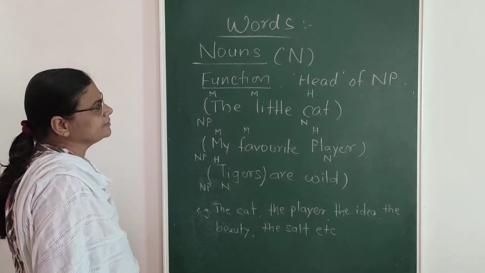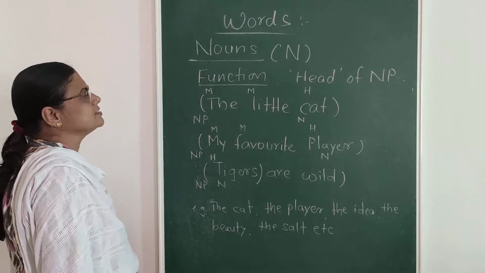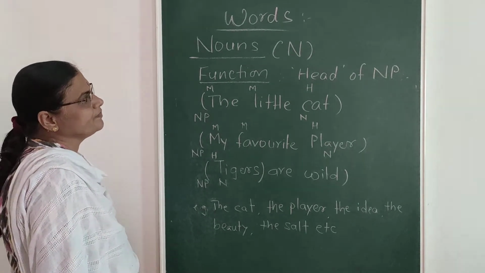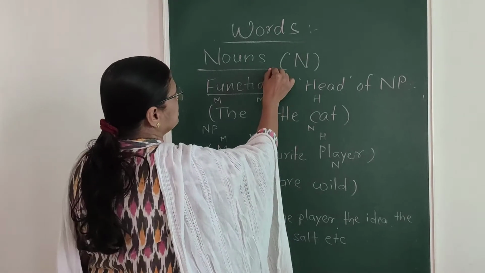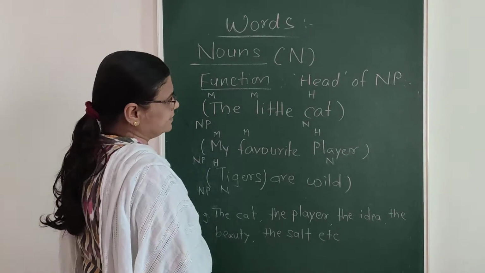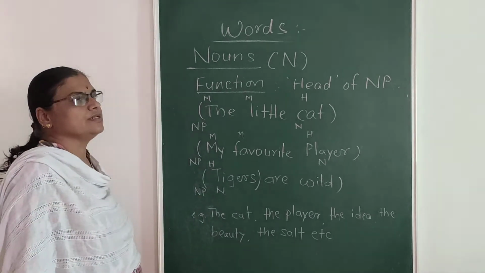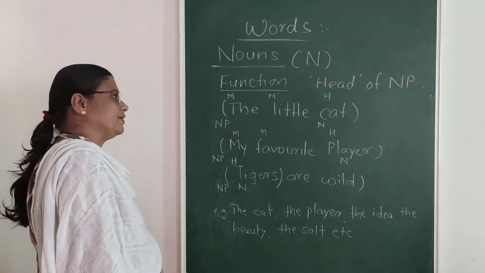Here also we are going to apply these three criteria to identify nouns. The first one, function, we see. As I told you earlier, the symbol of the noun is capital N. The function of the noun is head of a noun phrase, NP.